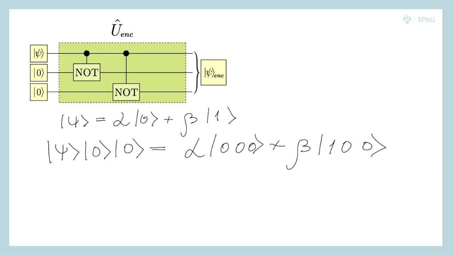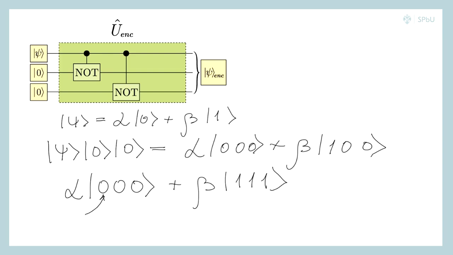After all our CNOT transformations, it turns into a state alpha 0, 0, 0 plus beta 1, 1, 1. Let's take a closer look at these 2 terms. In the first term, the control qubit is in the state 0, and that's why 2 ancilla qubits remain in the state 0. In the second term, the value of the control qubit is 1, and that's why the ancilla bits have their states flipped.